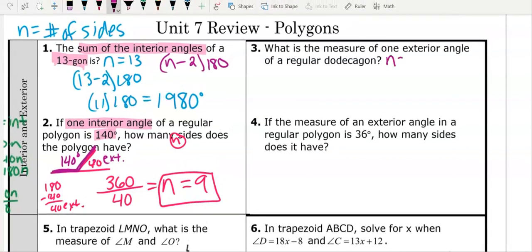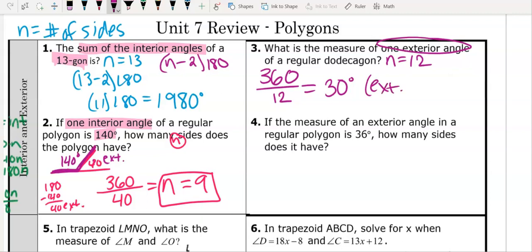So n here is 12. There are 12 sides. Now, if n is 12, we'll be using the same formula from number 2. Since we're looking for one exterior angle, we'll say 360 divided by n, which is 12, and that'll give us our exterior angle. 360 divided by 12 is 30, which is our exterior angle.